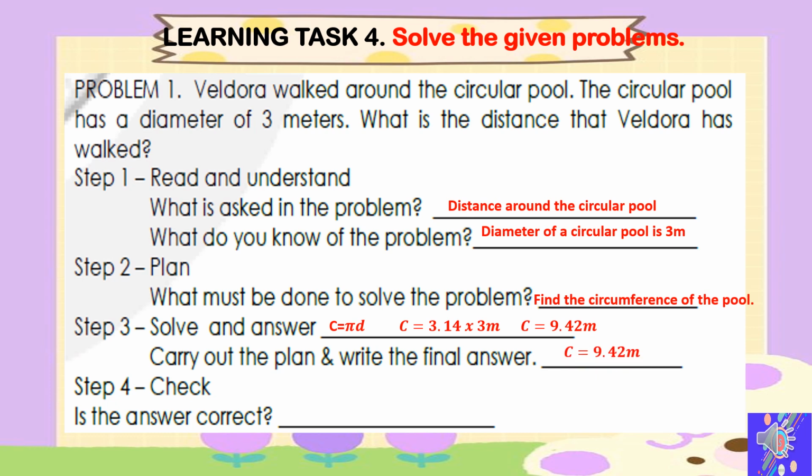So that is our final answer. I-multiply lang natin yung 3.14 times 3, then you will get 9.42 meters. So tingnan natin kung paano naman natin i-check para malaman natin kung tama ang sagot. So we have C equals 9.42 meters divided by 3.14.